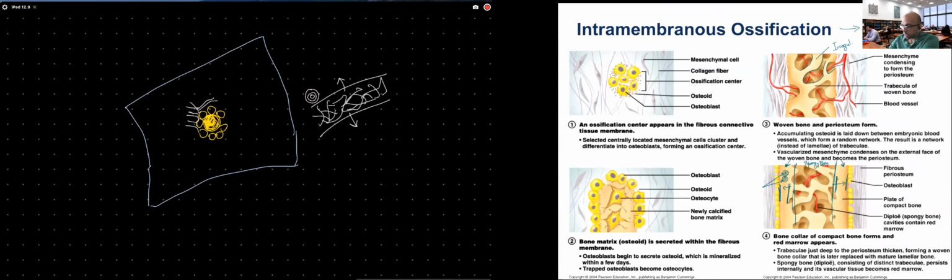Again, I started with a fibrous membrane. I form the ossification center in this membrane, and I will start to build up my bones starting from the center, going to the peripheral parts.